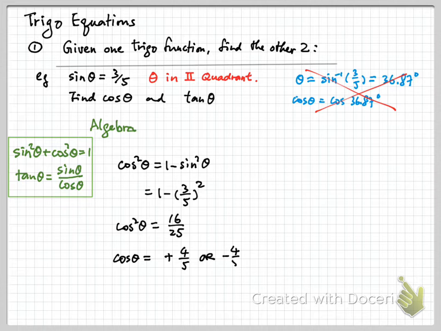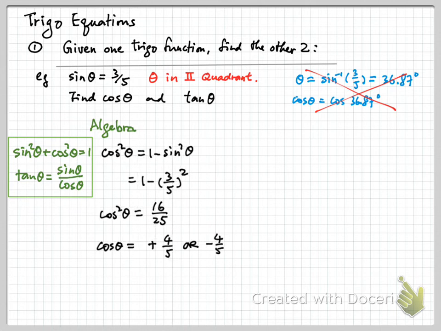Depends on the quadrant. Alright, notice that it is a second quadrant angle. So we have sine theta is positive, but cosine theta will therefore be negative. Alright, it is CAST. It is the second quadrant, so cosine theta should be negative. We shall reject this one. So at the end we have cosine theta is minus 4/5.